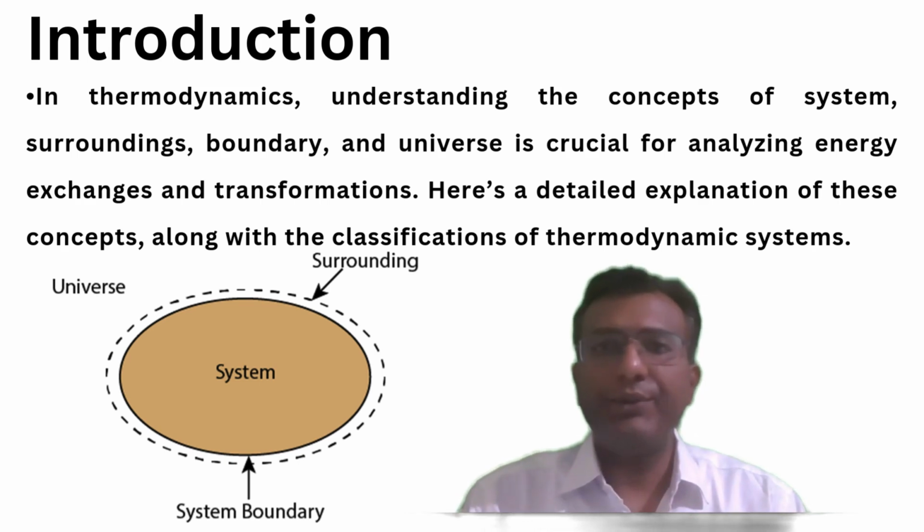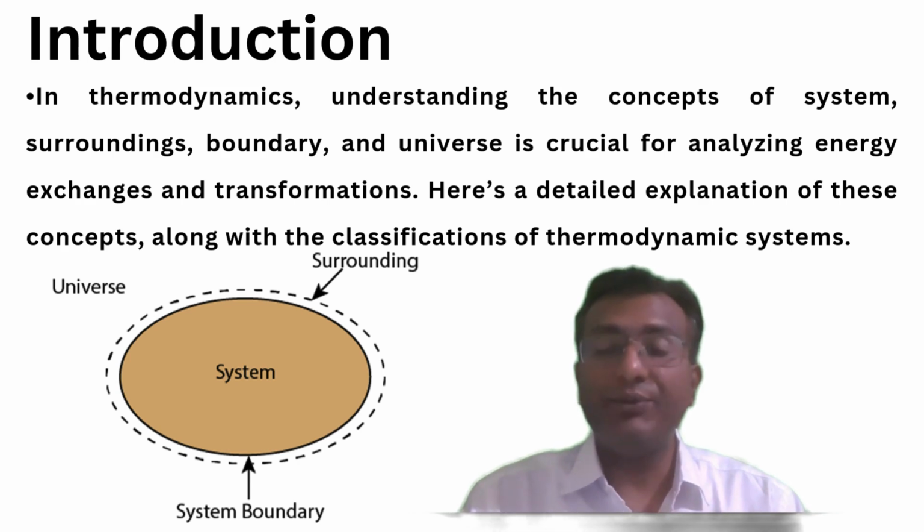As we have introduced the basic idea of thermodynamic systems, let's break it down further. The key terms involved in thermodynamics include system, surroundings, boundary, and universe. The system is a part of the universe that we are analyzing. It can also be a single object, a machine, or even an entire industrial process.